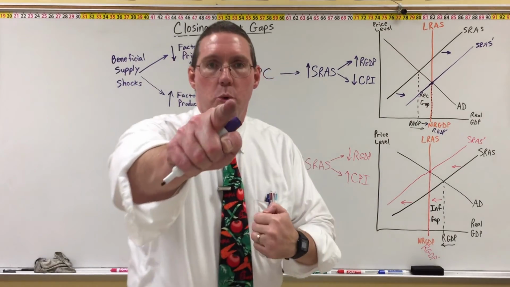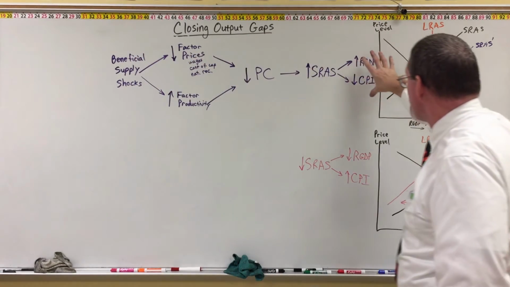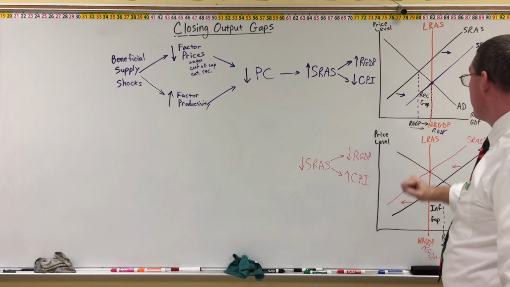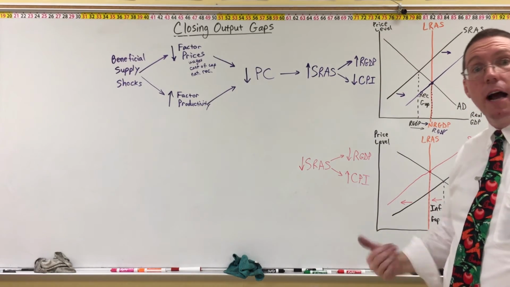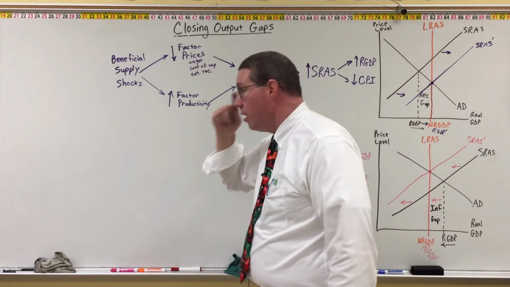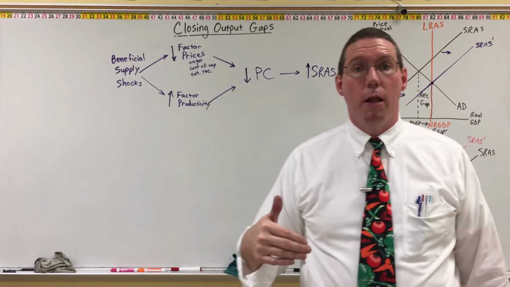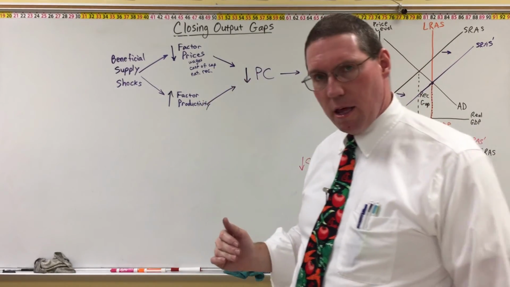I want you to understand this chain of events that results in closing a recessionary gap and bringing us back into long-run equilibrium. One of my favorite kinds of questions to ask here is what I call multiple answer questions. I'll say, here's a list of 10 things.